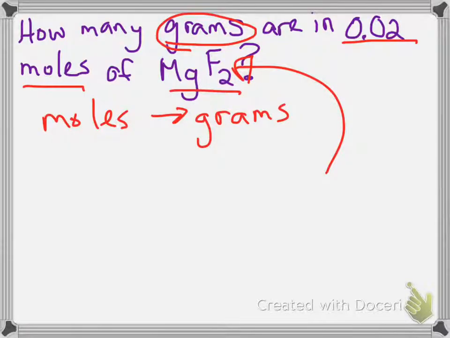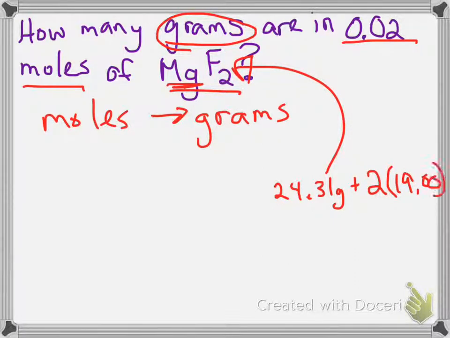So we need to find the molar mass. So we take the mass of magnesium, and we only have 1 magnesium, so we only write it once. And then we have 2 fluorines, so we multiply the mass of fluorine times 2. So when we add these together, we get a mass of 62.31 grams per mole. So this is the molar mass of magnesium fluoride.